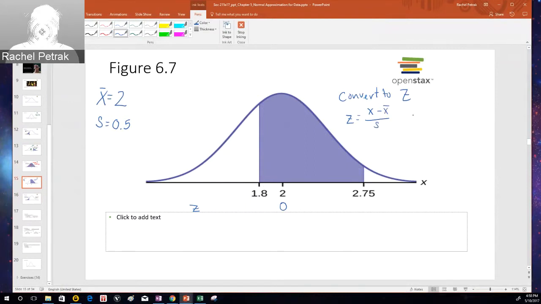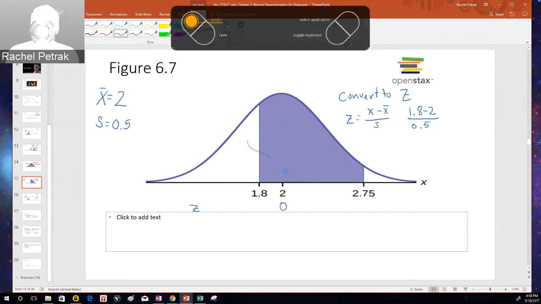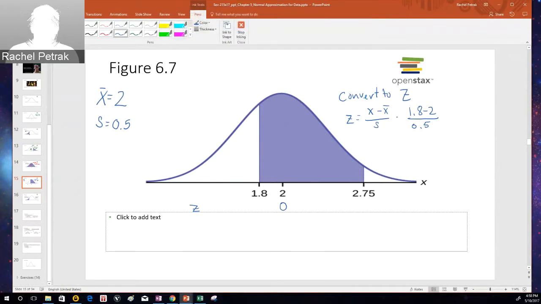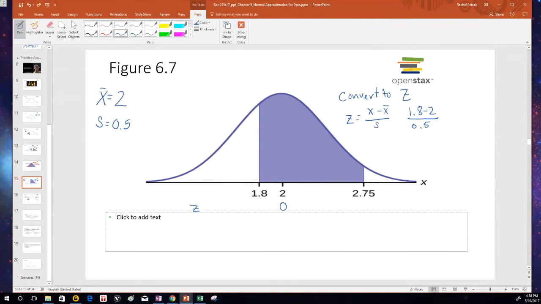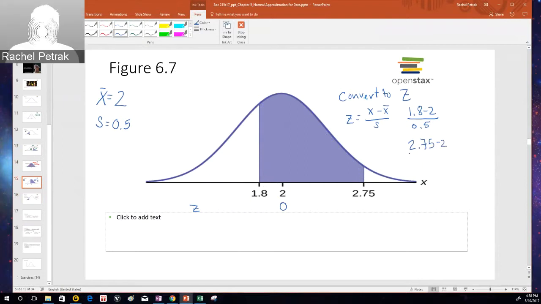And so this first one is 1.8 minus 2 over 0.5. Feel free to do the math for me while I set up our other conversion. 2.75 minus 2 over 0.5.